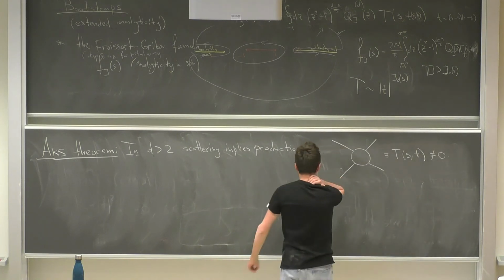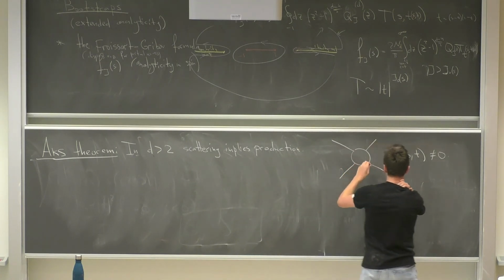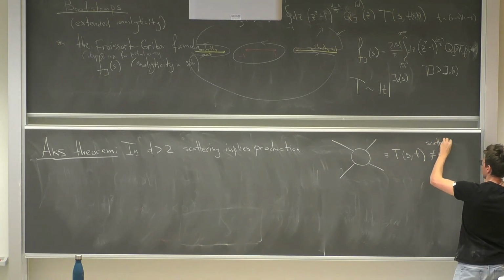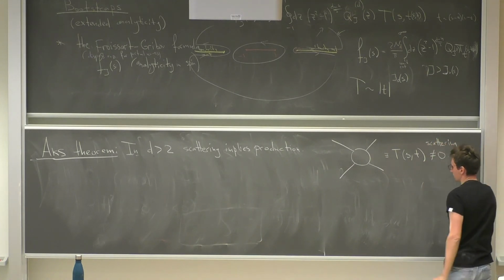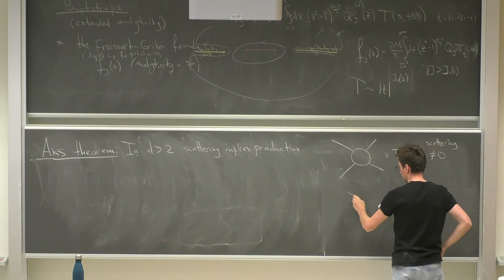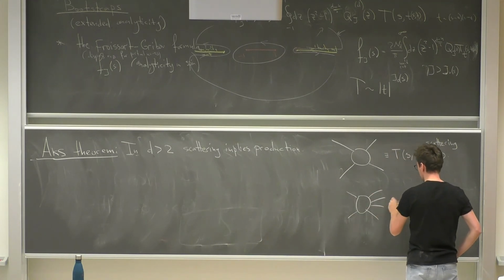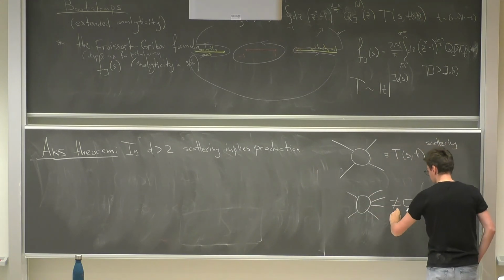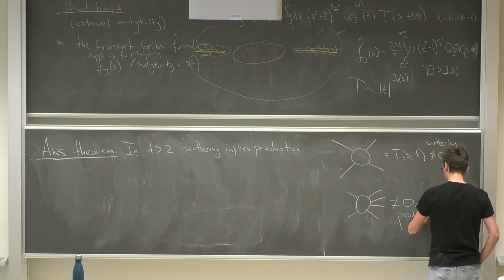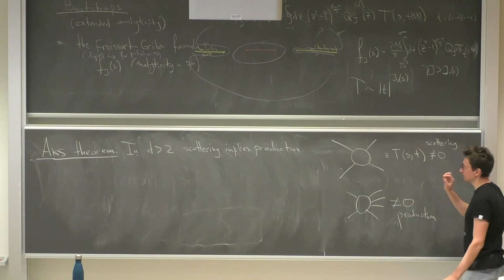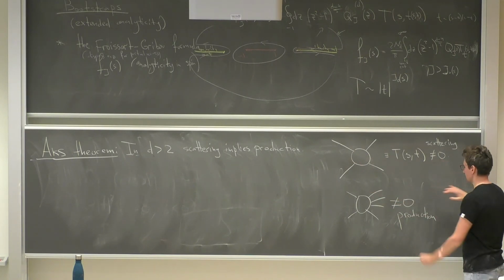This is, by definition, what I call scattering. Production is the statement that if you have 2 and you go to 4, this is non-zero. So you have produced 2 particles. And the theorem says, in D larger than 2, if you have this, then you must have that.